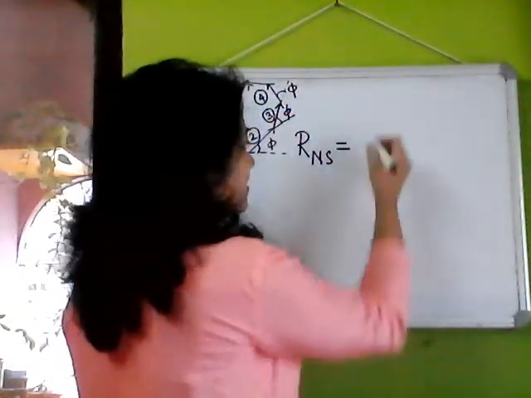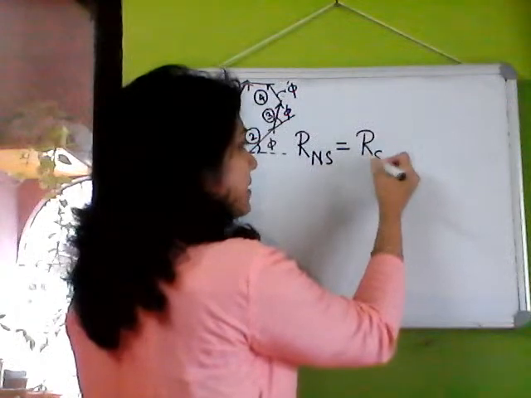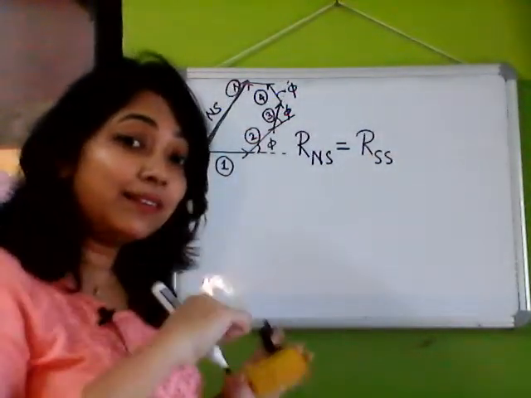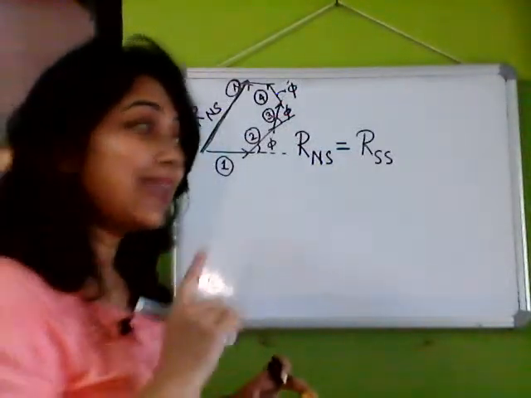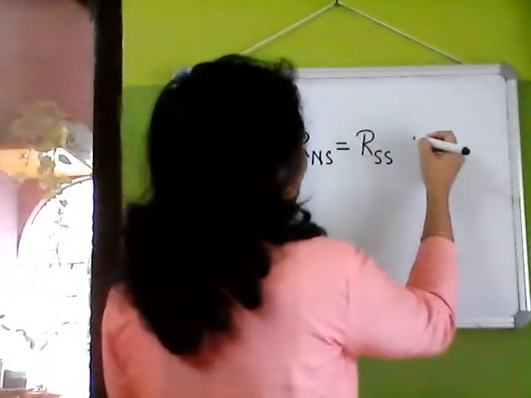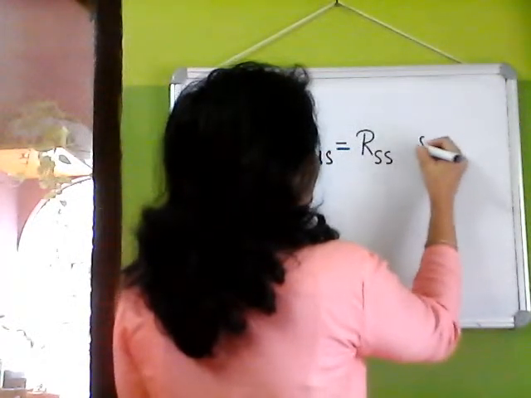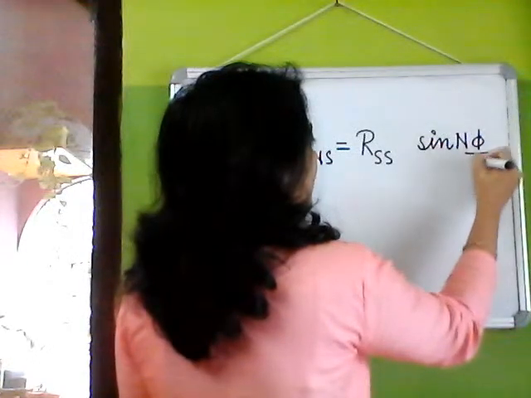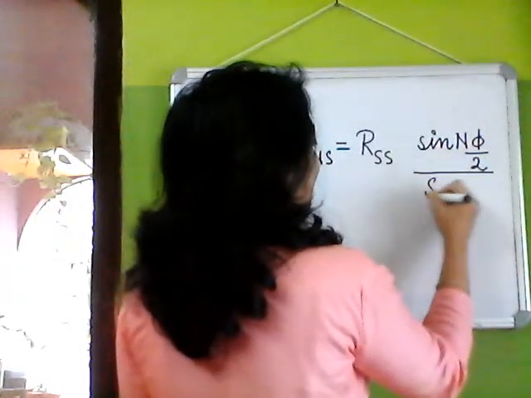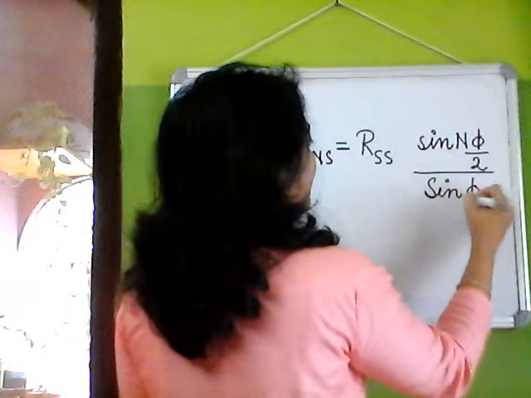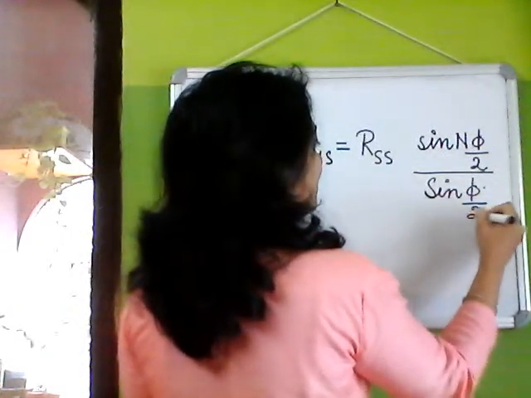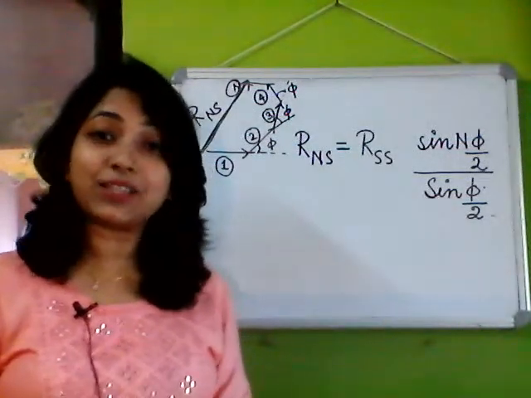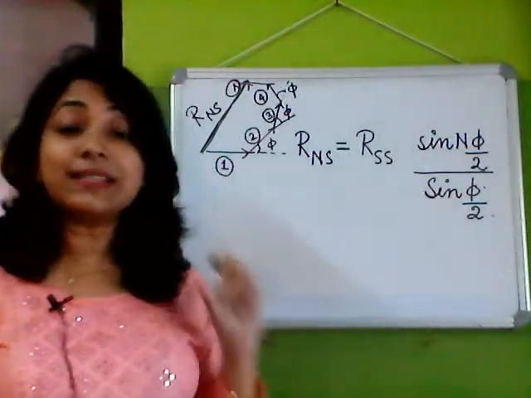Let me just write it as the resultant amplitude due to single slit. And now what will come in? The contribution from all the phases. And that is given by sine n phi by 2 divided by sine phi by 2. Remember, this same result we had used in the case of our single slit as well.